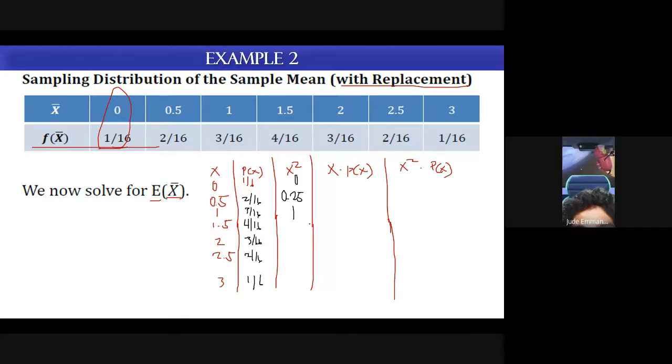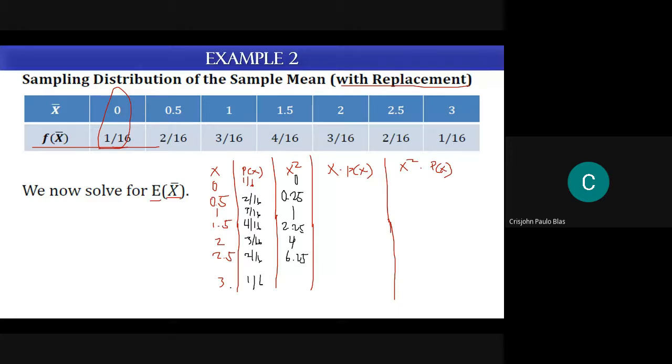Seb, ikaw na lang, ikaw may calcio eh. 2.25. The 2 is 4. The 2.5 is what? 6.25. And then the 3 is what? 9. Ayan. So, continue lang natin x times p of x.